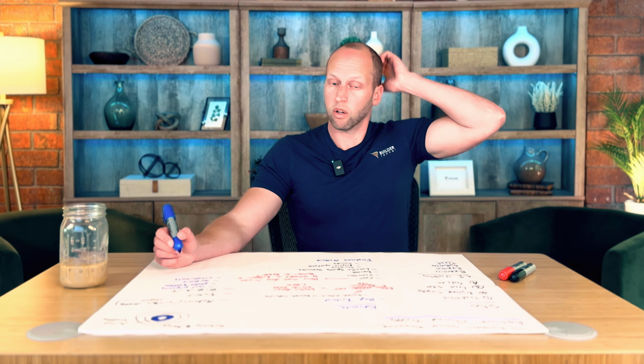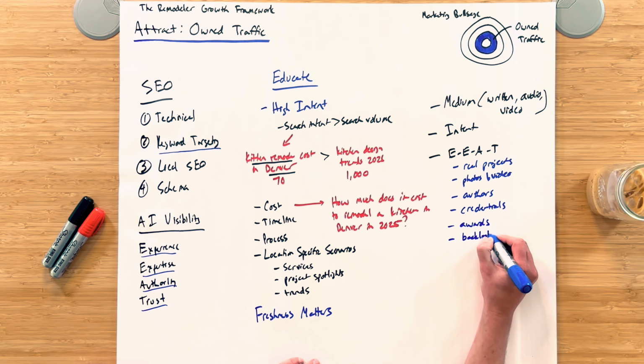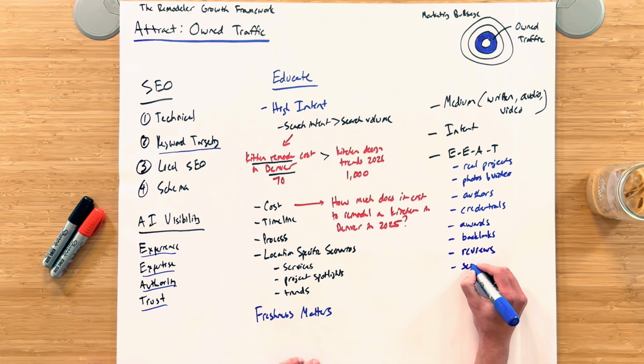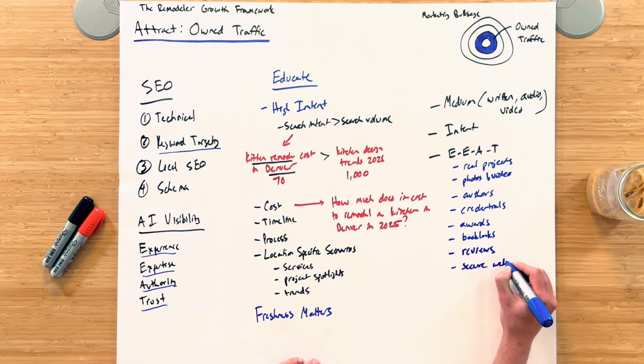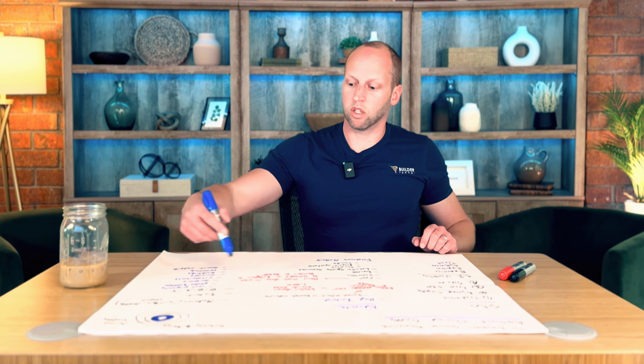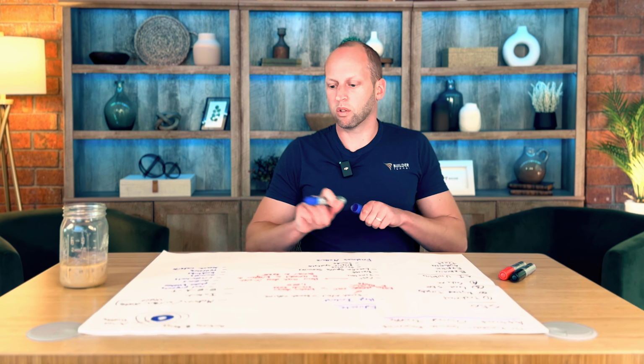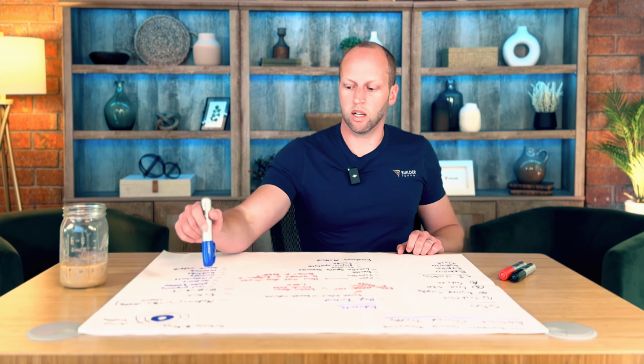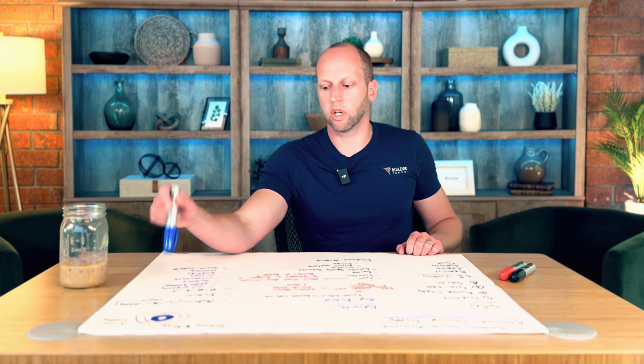Awards, backlinks, reviews, and a secure website. Now there are more things that fall into this bucket, but this should give you plenty of ammo in terms of building out your expertise, experience, authority, and trust.